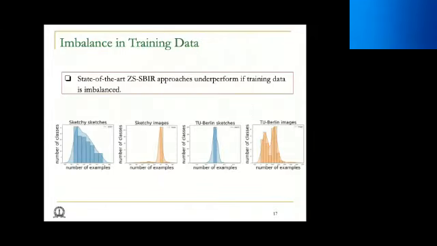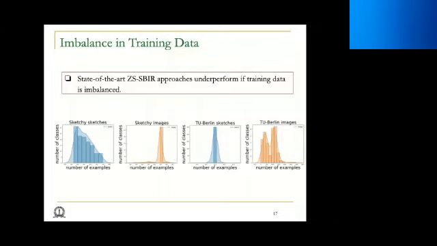So coming to the last part of the talk, this is a very recent work which was presented only earlier this week in ECCV. So here it's again the ZS-SBIR problem, but here we also looked at a slightly different aspect of it.